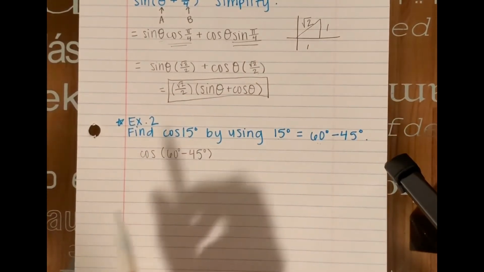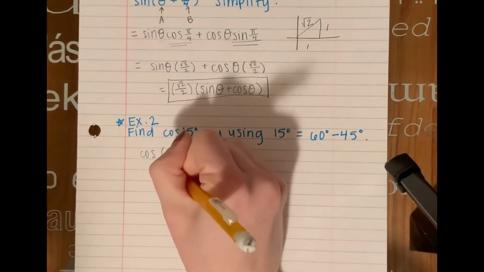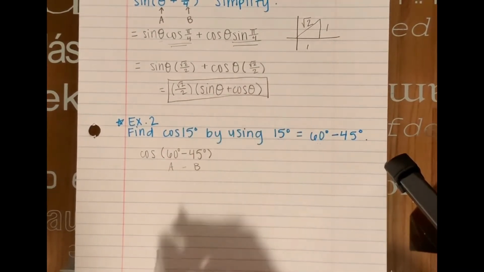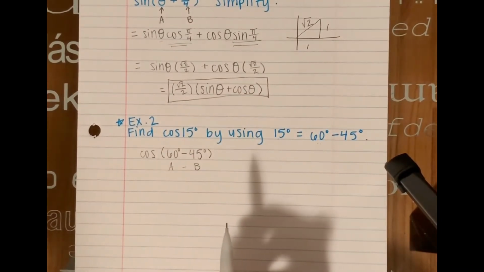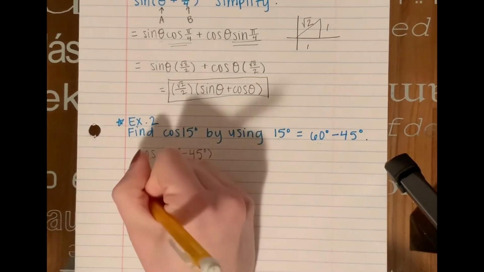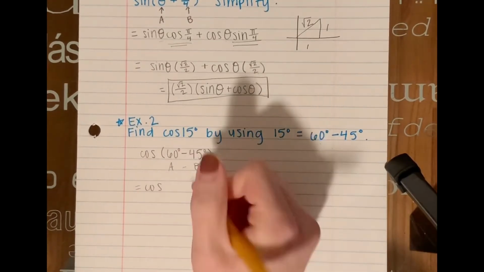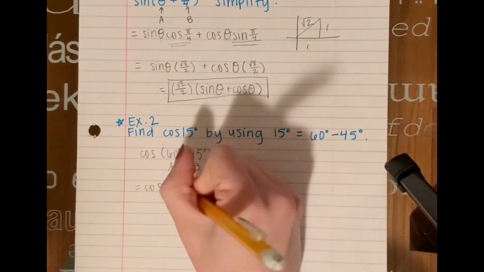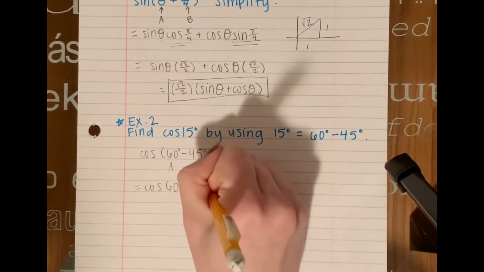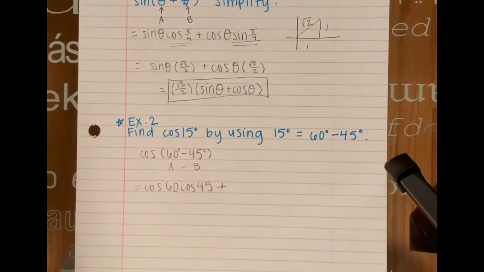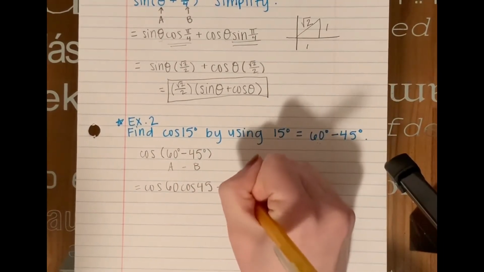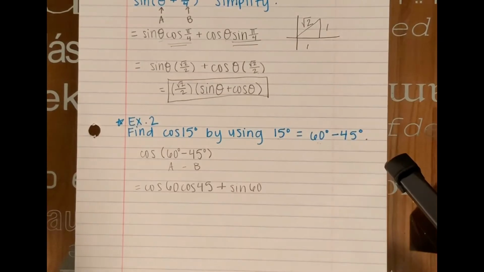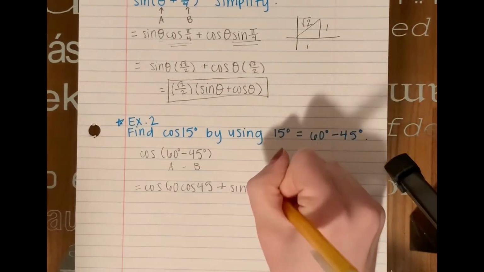And then I can use my identity for cosine of A minus B. So this will be your A, this will be your B. Cosine of A minus B says cosine A, so cosine 60, times cosine B, cosine 45, plus sine of A, 60, times sine of B.